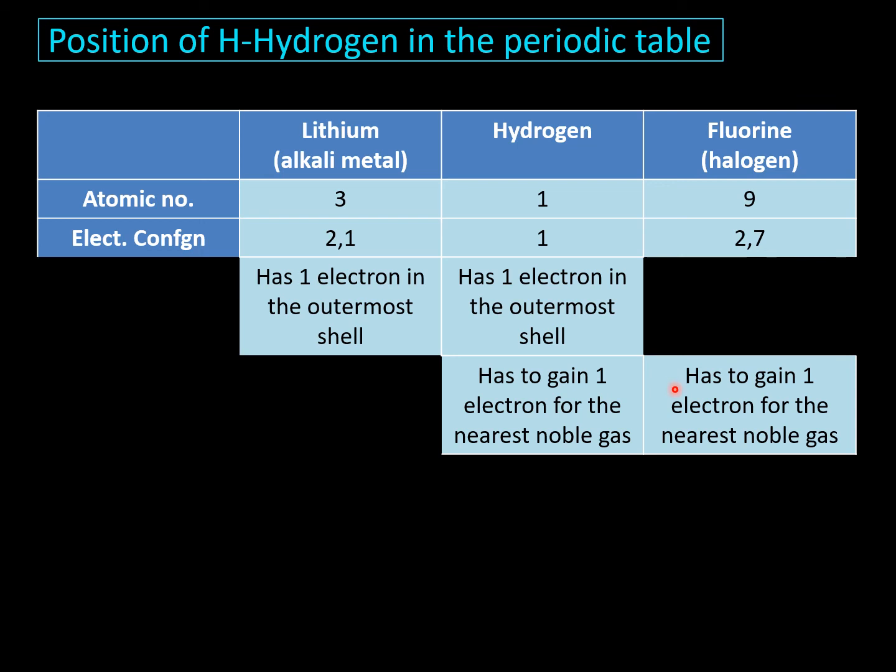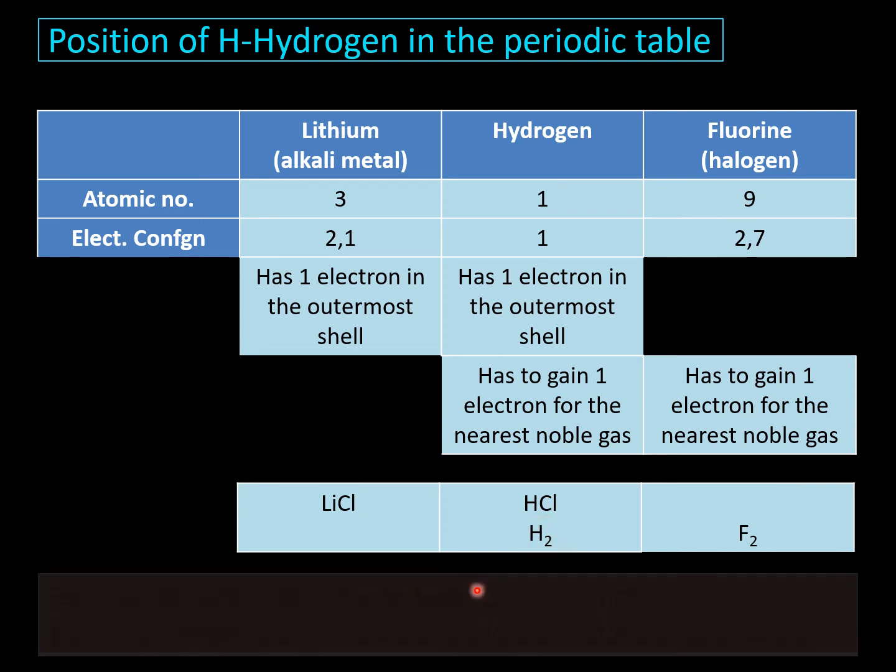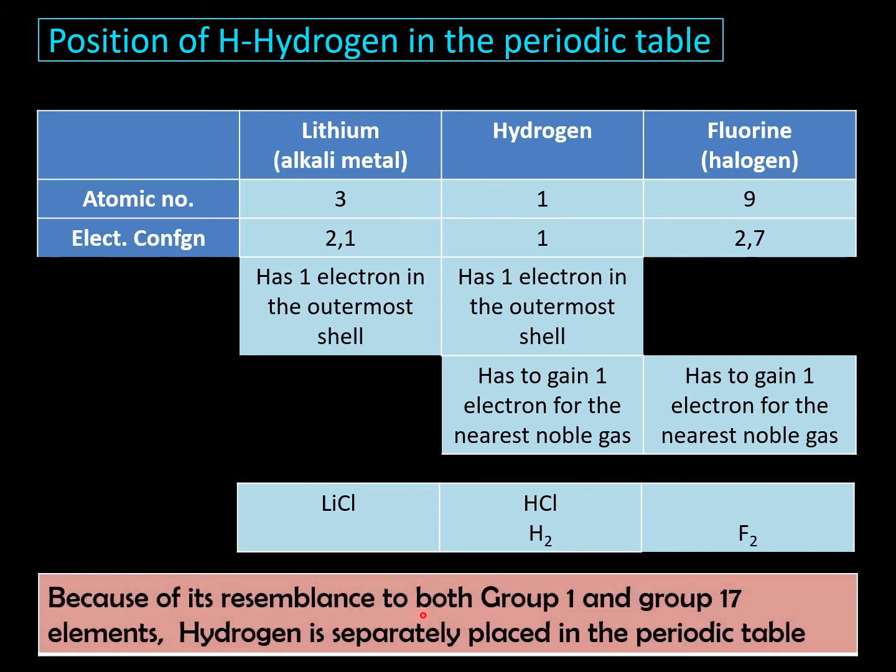While comparing hydrogen and fluorine, we understand both of them are short of 1 electron to attain the nearest noble gas configuration. If we consider the compounds formed by hydrogen, like lithium, hydrogen can react with chlorine, forming HCl. Like fluorine, hydrogen can form a diatomic molecule, that is H2. Since hydrogen shows similarities to both group 1 and group 17 elements, it is very hard to give it one single position in the periodic table, because of which it is separately placed.